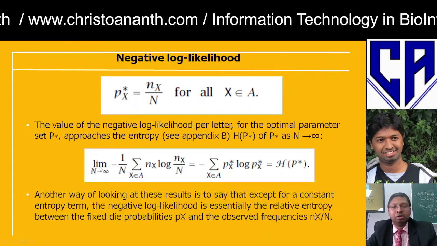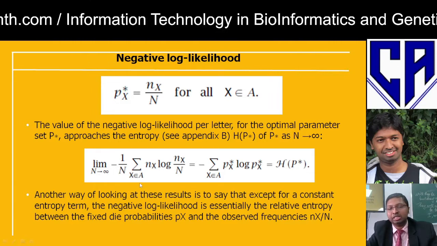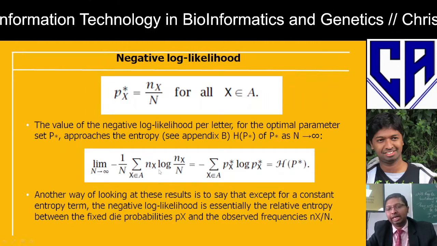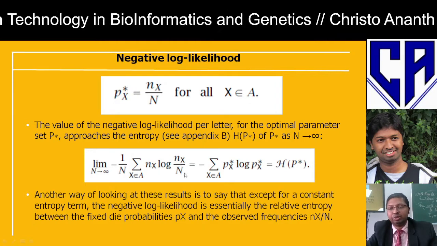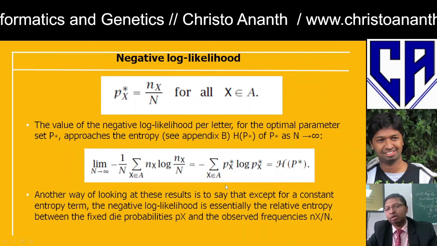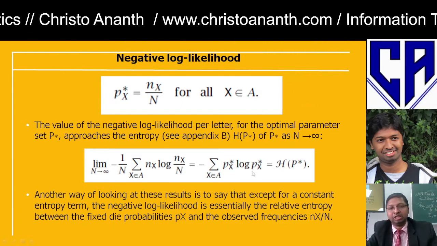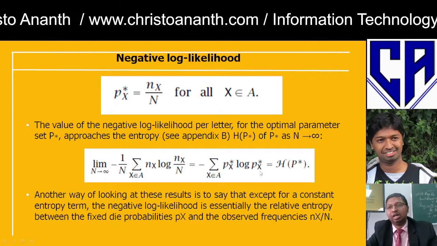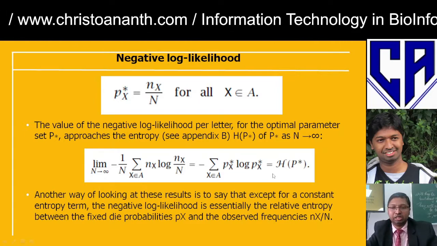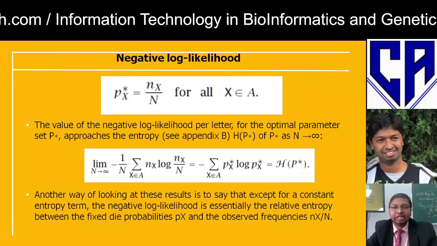So when you consider the limit n tends to infinity, minus 1 by n, summation x belongs to A, nx multiplied by log nx divided by n, equals minus summation x belongs to A, px star log px star. So it is nothing but the entropy function H of p star. You can consider this entropy to be the relative entropy.